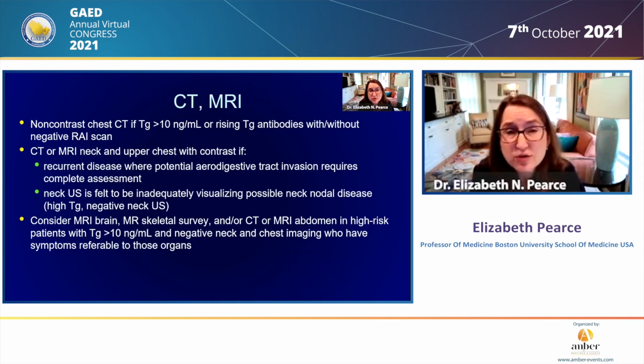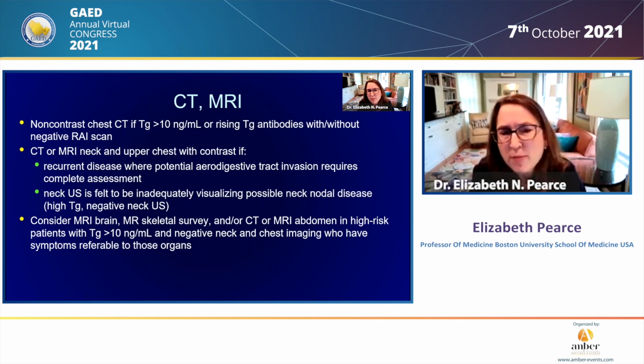We occasionally use other imaging modalities. So non-contrast chest CT is recommended when the thyroglobulin is elevated, or in the antibody-positive patients when there's a significant increase in those thyroglobulin antibody titers, with or without a negative radioactive iodine scan. It's really looking for lung metastases.